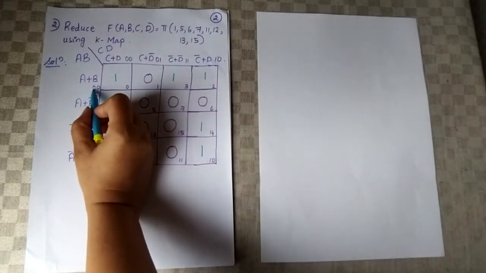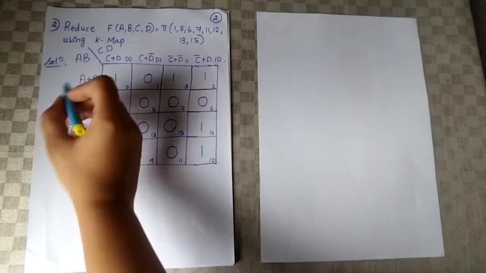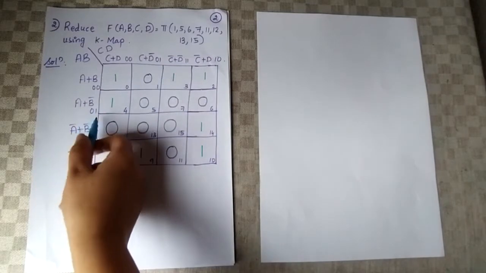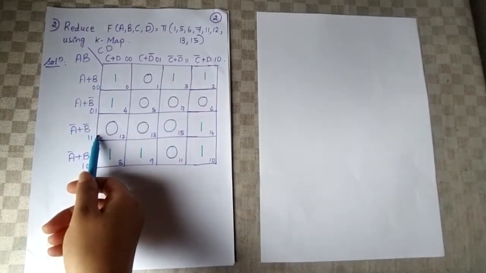Here it is 0, 0. Since 0, and if it is a max term, then we have to write the original variable itself. So it will be A plus B. Here it is 0, 1, so it will be A plus B complement. It is 1, 1, it is A complement plus B complement.